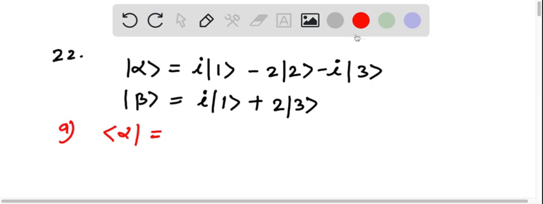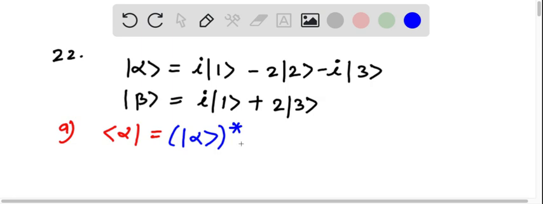Let's find this value. The bra can be obtained by taking the complex conjugate of this ket, that is α.